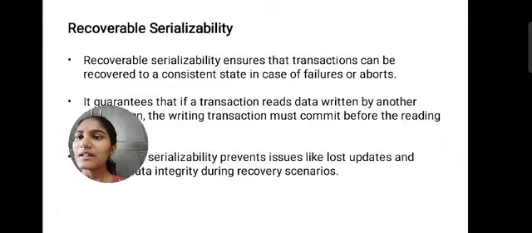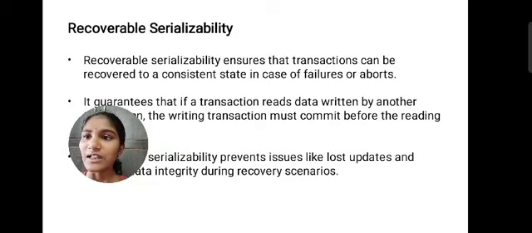And recoverable serializability. Irrecoverability is one of the drawbacks that generally occur in parallel transactions, like irrecoverability, deadlock and starvation. These are the drawbacks of parallel transactions. To address these issues, we use recoverable serializability. It ensures that a transaction can be recovered to a consistent state in case of failures or abort.